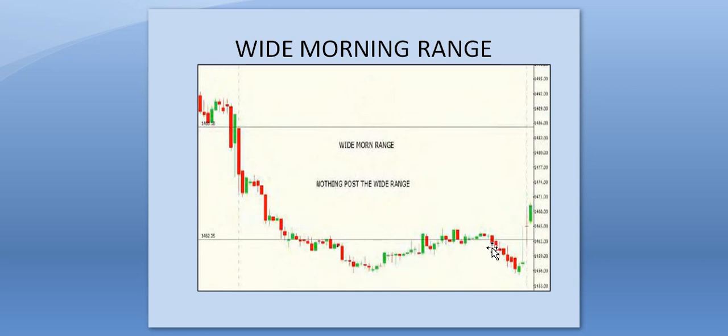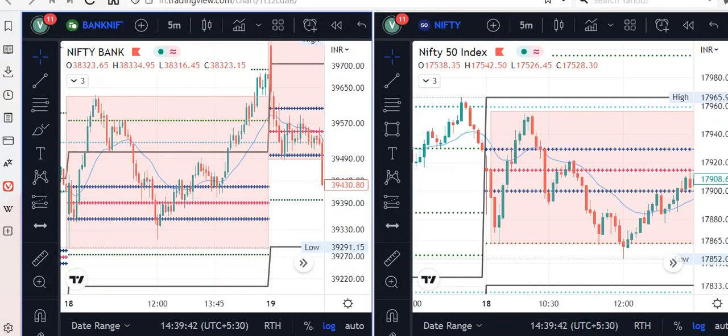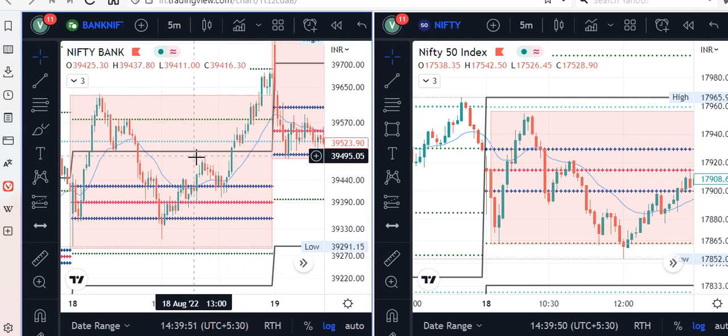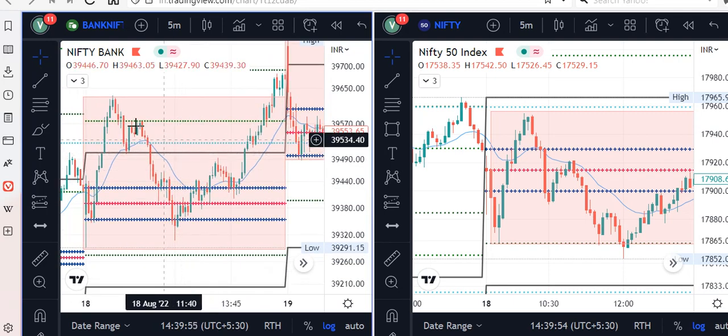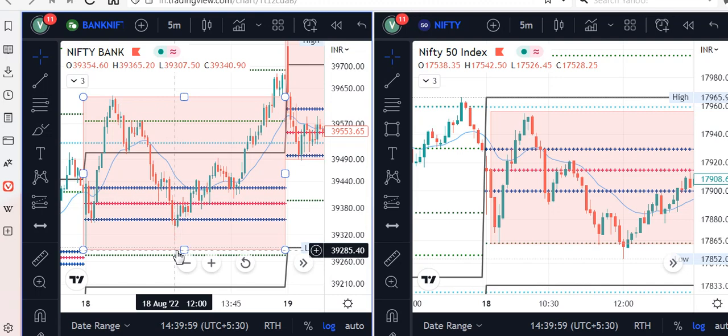Okay, in this example, the price has moved from low to high, high to low. This must be understood. If you see here, the price comes till here but didn't touch this level. So my advice is you have to trade for 1:2 risk reward for the first 3 months.